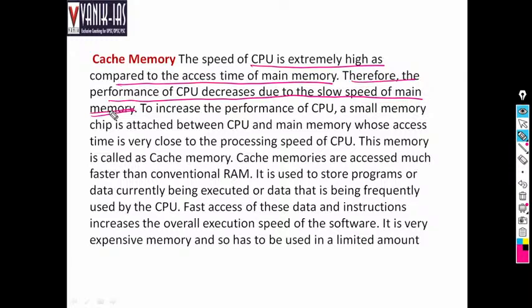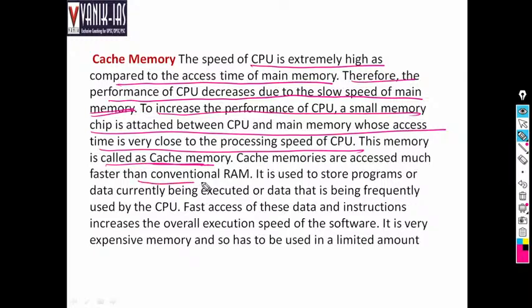To increase the performance of the CPU, a small memory is attached between the CPU and main memory, whose access time is very close to the processing speed of the CPU. This memory is called cache memory. It is accessed much faster than conventional RAM.